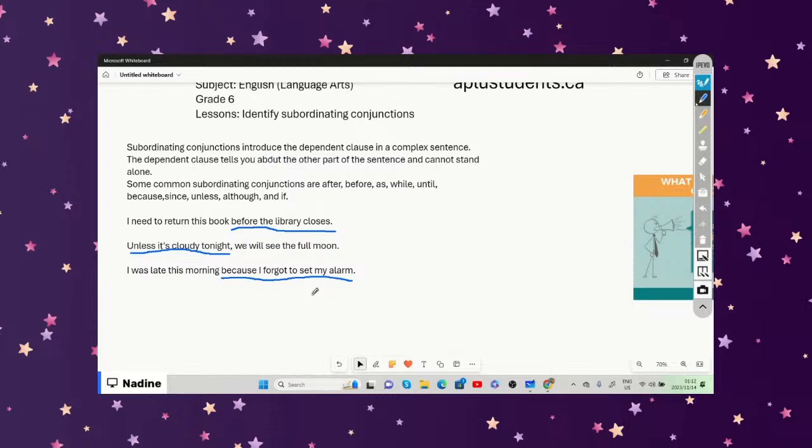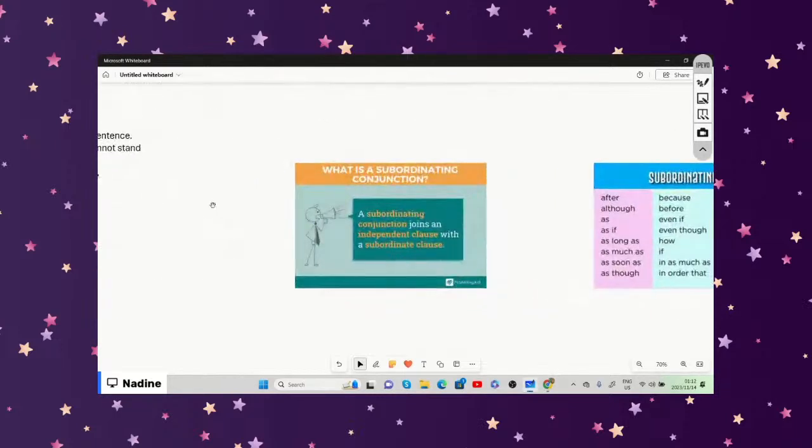So now we're going to aplusstudents.ca. And before we go to aplusstudents.ca, we see the subordinating conjunction joins an independent clause with a subordinating clause.